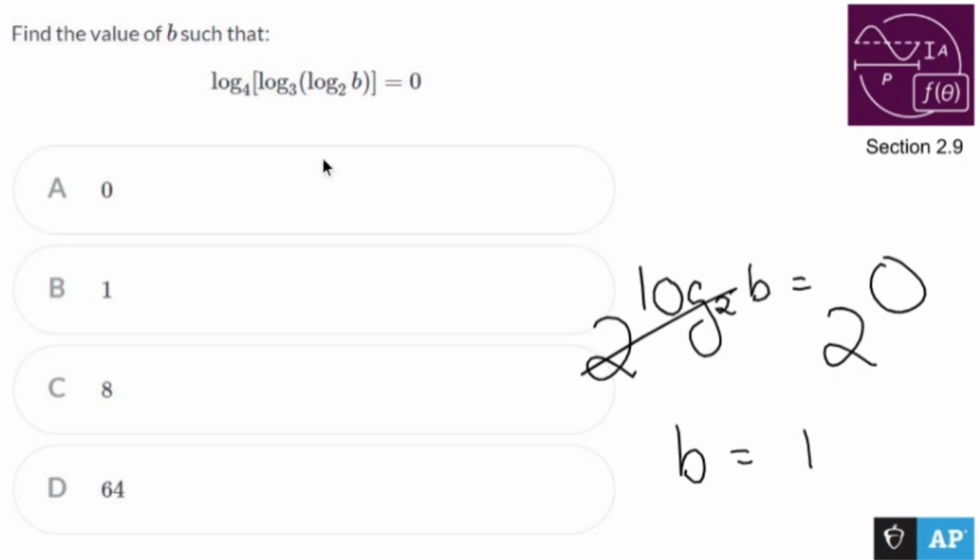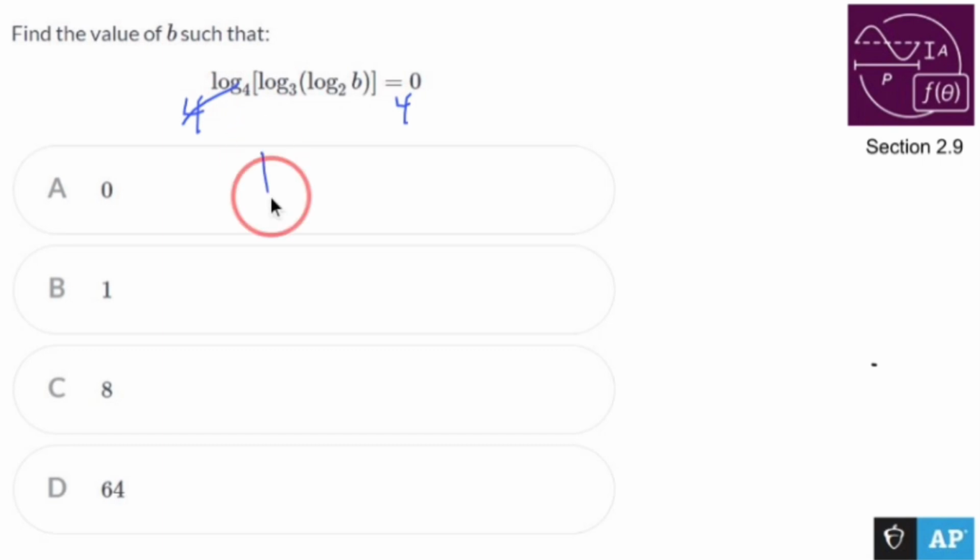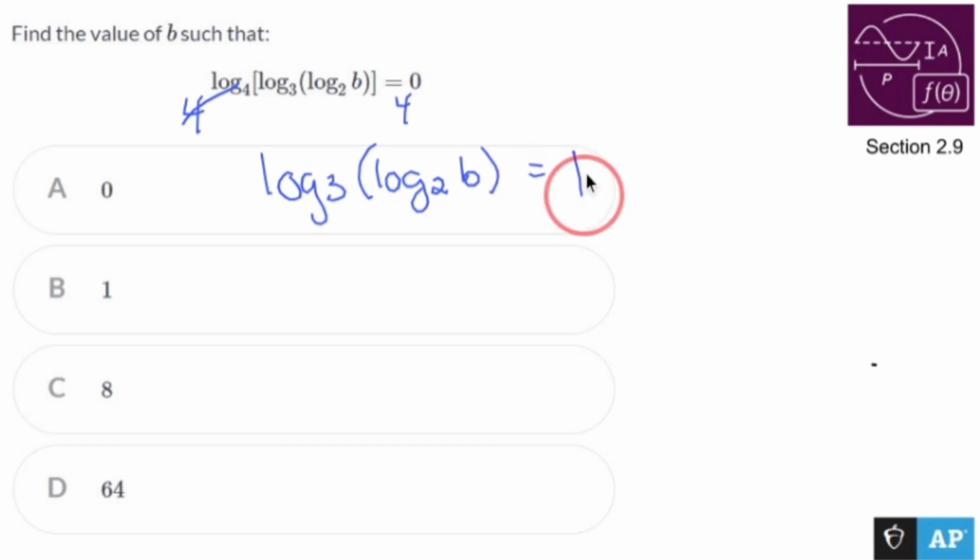So what I'm going to do is work from the outside in and do that 3 times. The first thing I'm going to do is take 4 to the power of both sides. 4 to the log base 4 cancels these guys out, and now you can drop down: log base 3 of log base 2 of b equals 4 to the 0th, which is 1.